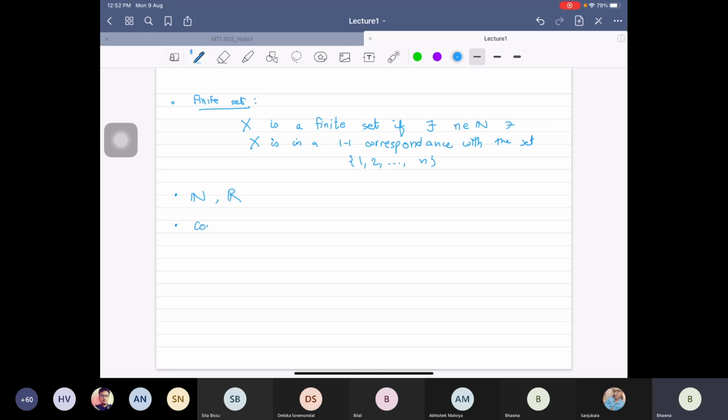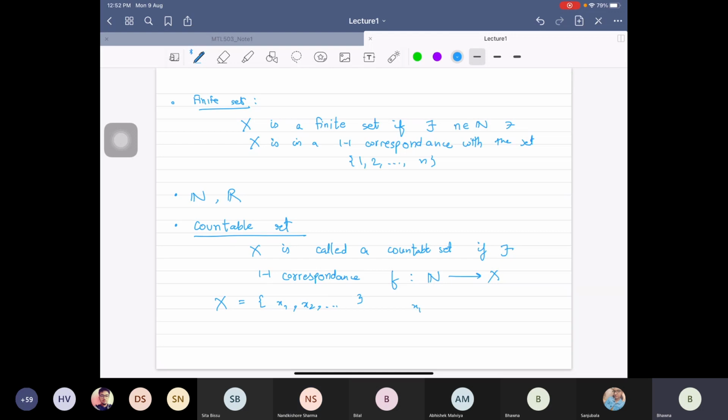The definition is that X is called a countable set if there exists a one-to-one correspondence f from natural numbers to the set X. And if this holds, then we can actually list out the elements of X as x1, x2, dot, dot, dot, and so on.